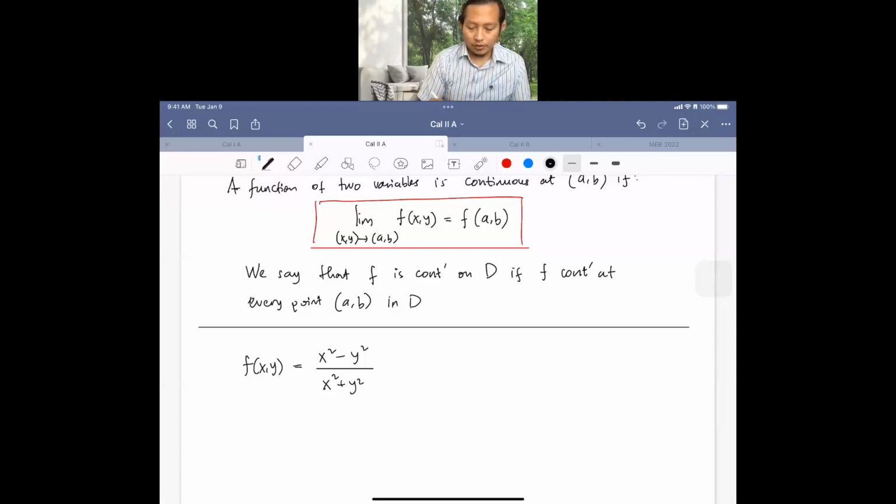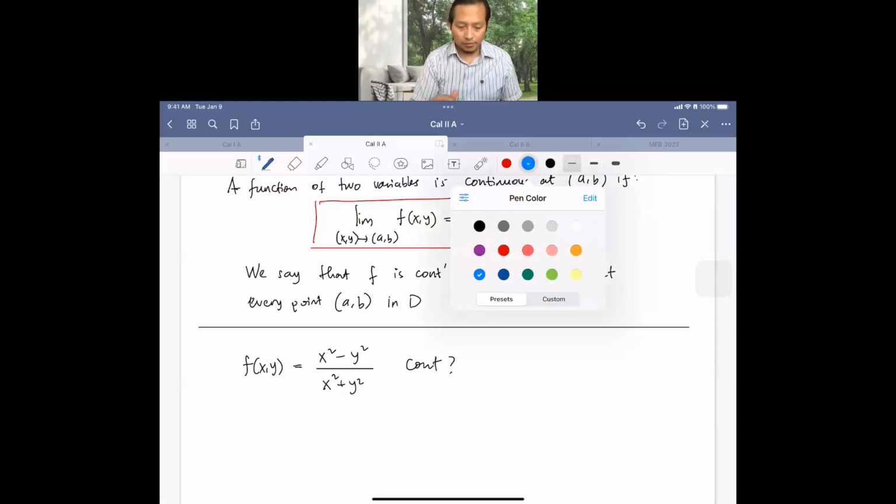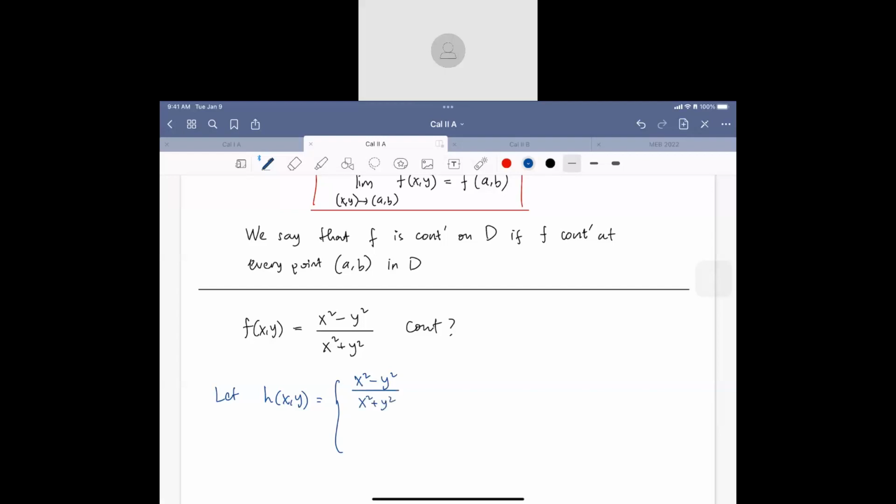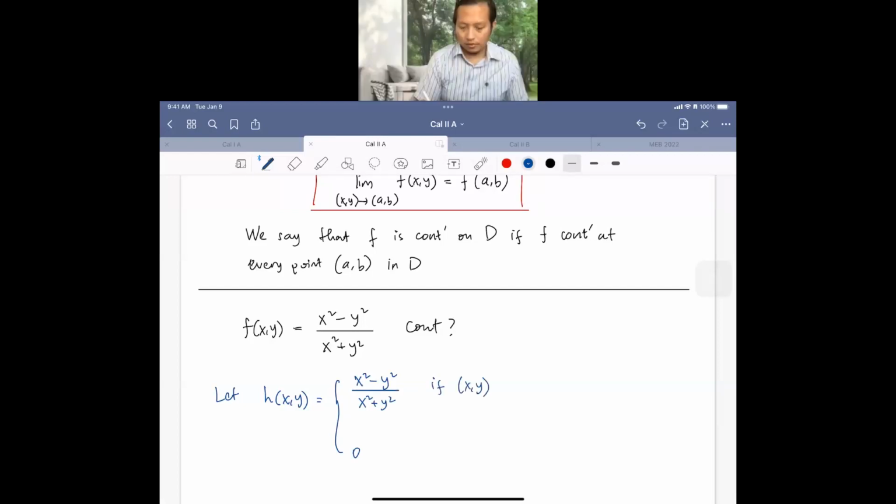So if you want to know whether it's continuous or not, then first we let the piecewise function, so let's say h(x, y). Okay, we have these two equations.